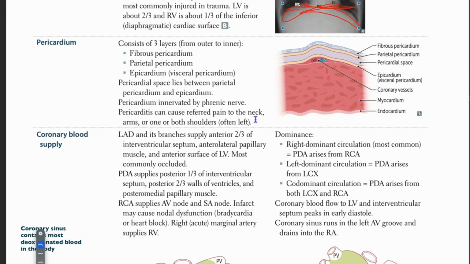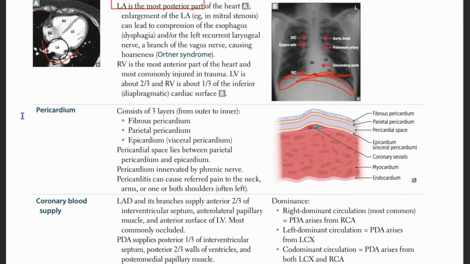Okay, we'll continue this. I believe we were here, pericardium. It consists of 3 layers from outer to inner. So it has the fibrous pericardium on the outside, then the parietal pericardium, and then on the inside you have the epicardium, or visceral pericardium.